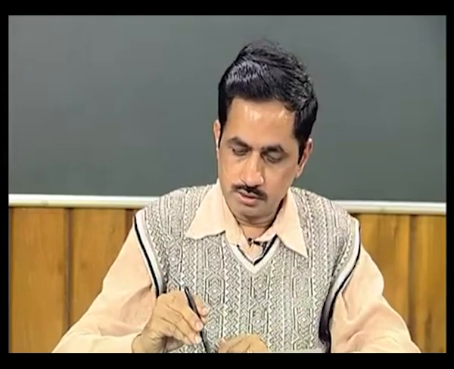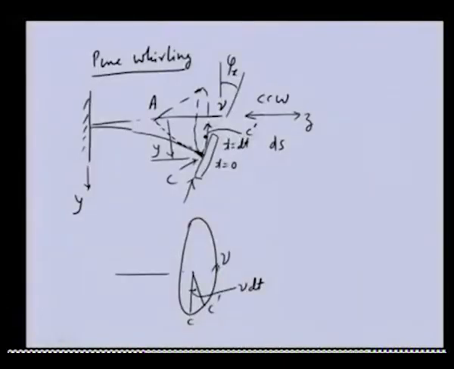This is the center of the bearing and this is the distance y. So, C prime will be y and the angle nu t. And if we want C prime divided by AC, this is the apex of the cone.